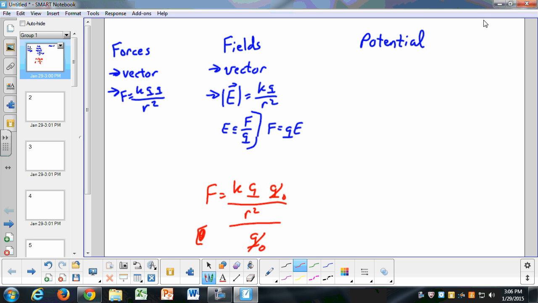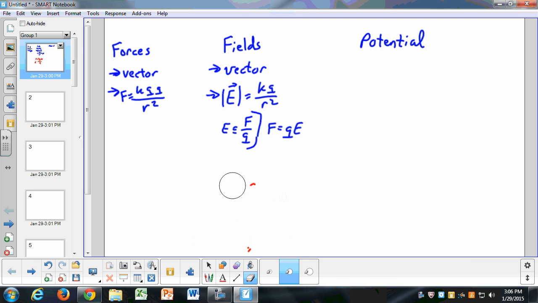Okay? Now, for the directions of both of these, since they're vectors, I know I didn't fully answer your question, but I think we'll see it in more practical terms in just a bit.